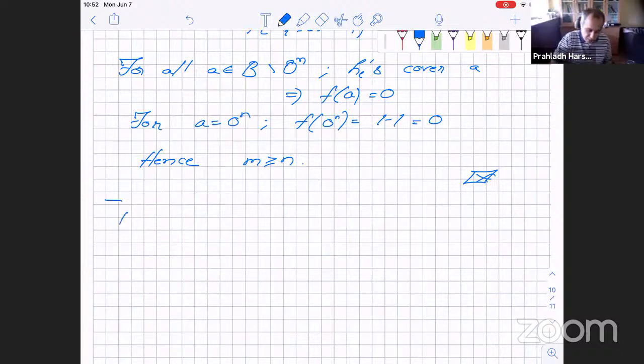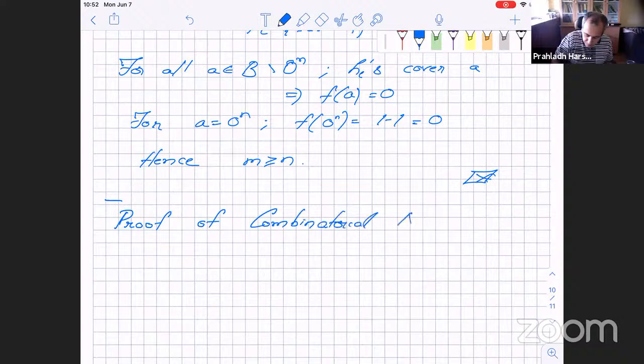Why is it called combinatorial Nullstellensatz? I will take possibly 5 minutes longer or so, but I'll finish this proof. That's what we'll do now.